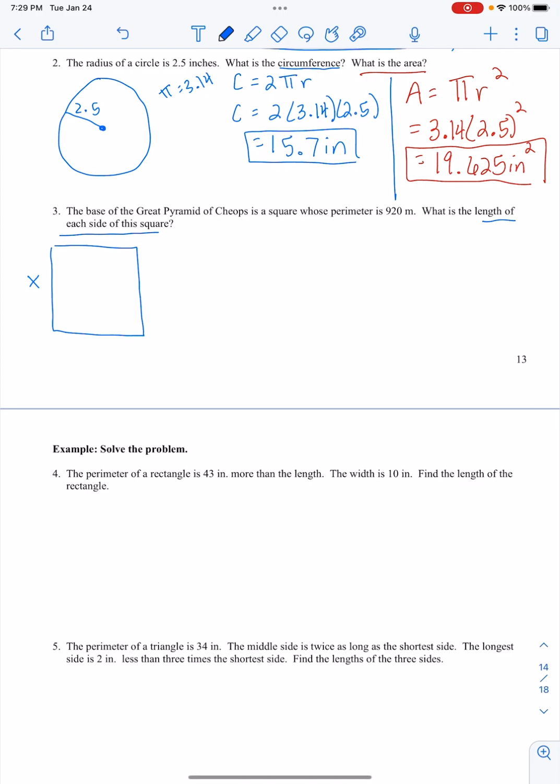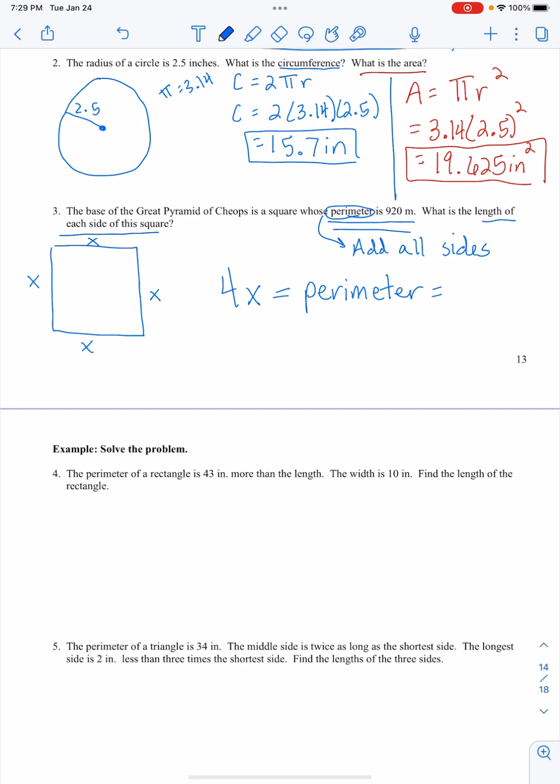So every single side, whatever it is, will be the same. So they all can be identified as x. It tells us that perimeter is 920 meters, and perimeter means to add all sides. So we could add all these x's and say we have 4x, and that represents the perimeter.